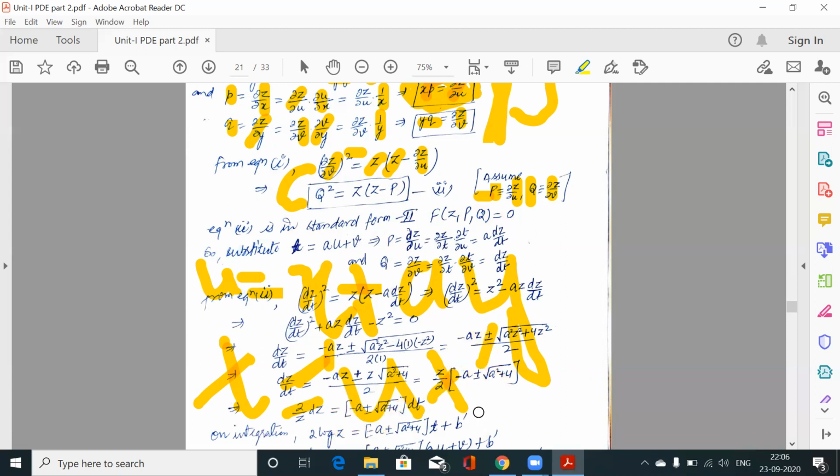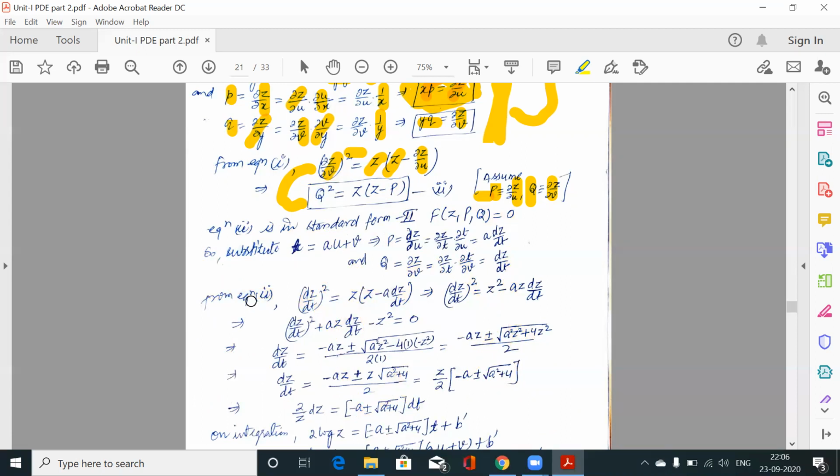You can use any of the transformation. So t is equal to au plus v. We are using second possibility. I have told you that two possibilities are there. So I have used second possibility where we transform u is equal to x plus ay.